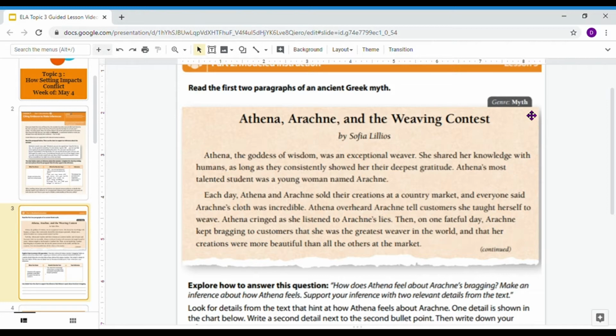Each day, Athena and Arachne sold their creations at a country market, and everyone said Arachne's cloth was incredible. Athena overheard Arachne telling customers she taught herself to weave. Athena cringed as she listened to Arachne's lies. Then, on one fateful day, Arachne kept bragging to customers that she was the greatest weaver in the world and that her creations were more beautiful than all the others at the market.